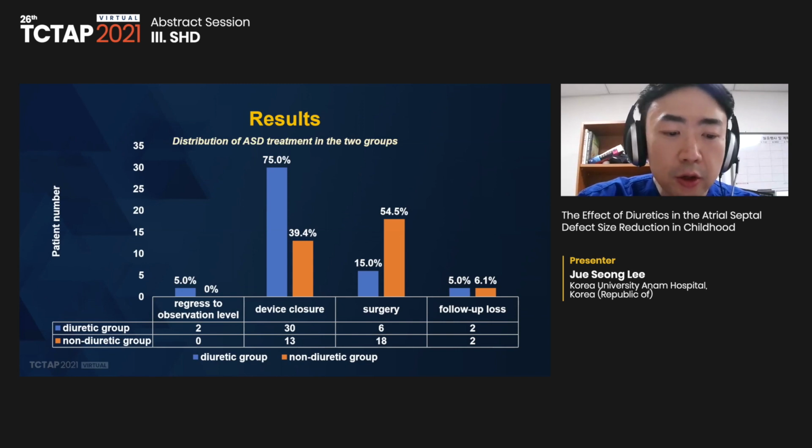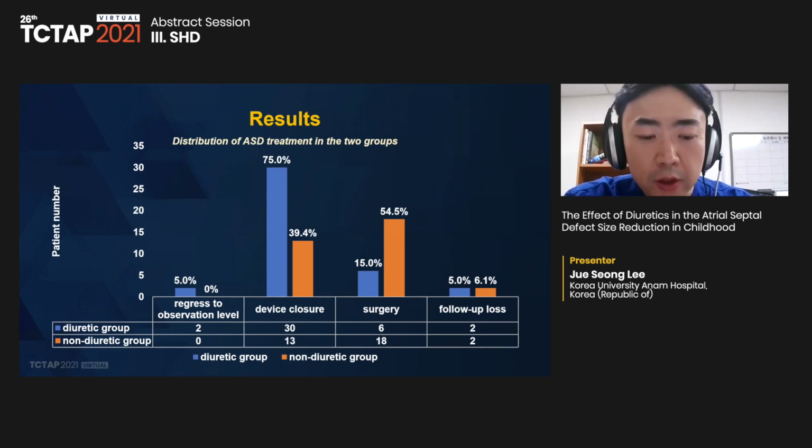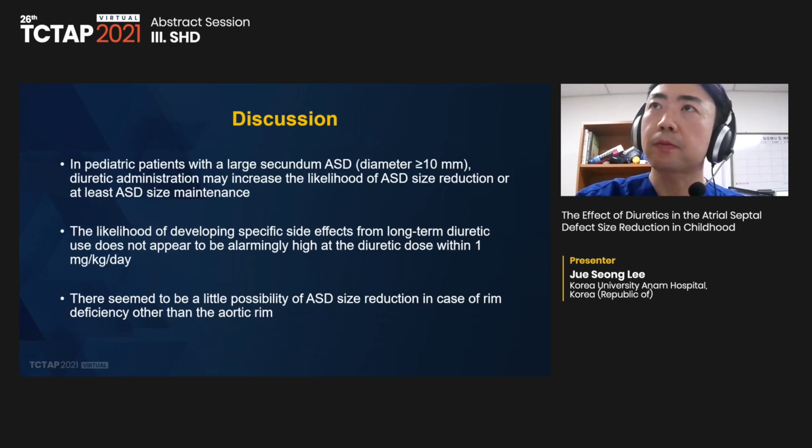In the non-diuretic group, surgery was the most commonly used treatment, followed by device closure. Conversely, in the diuretic group, 30 patients underwent device closure, which was the most commonly used treatment, followed by surgery. ASD was reduced to a range that rendered treatment unnecessary in 2 patients in the diuretic group.